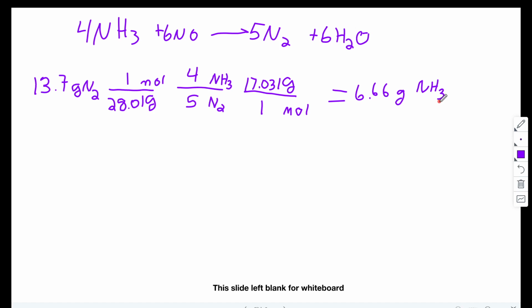Okay, the second problem is going to end up being very similar. The only difference is that it's asking for a different compound to switch it to. So it's still going to be grams of N2. We still have to get that 2 moles.